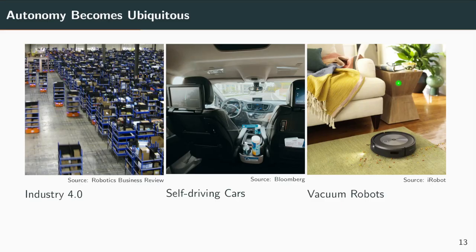These vacuum robots are very common these days. And so, of course, for us the big question is, what do we need in terms of maybe engineering skills in order to make such systems work and also to improve the existing systems of today.